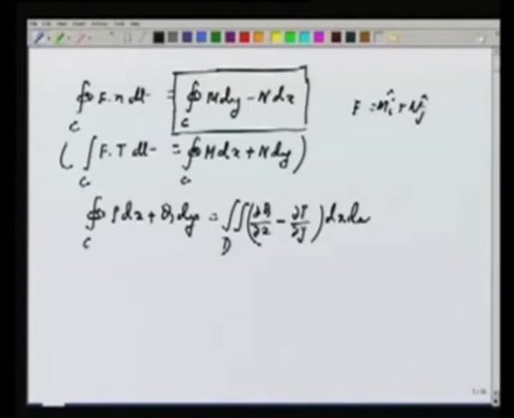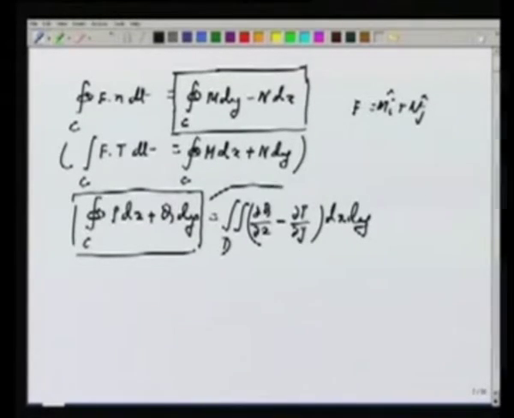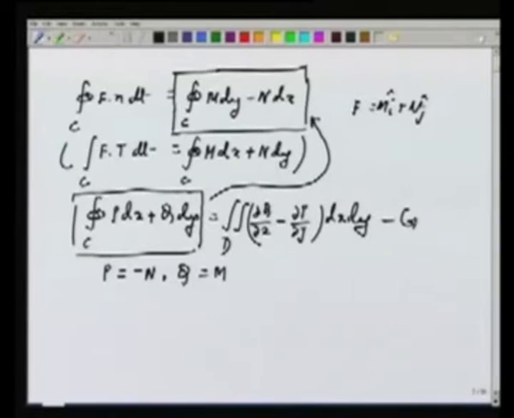This is the situation. Now if I compare this side with this, then I get what exactly P is and what Q is. So I get that P is equal to minus N and Q is equal to M. So this is Green's theorem.